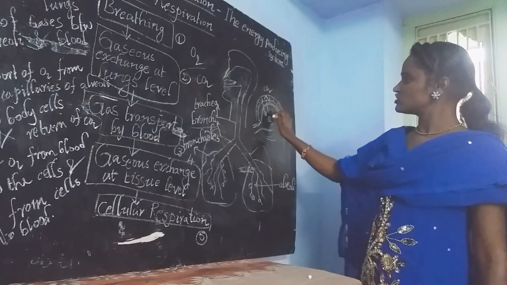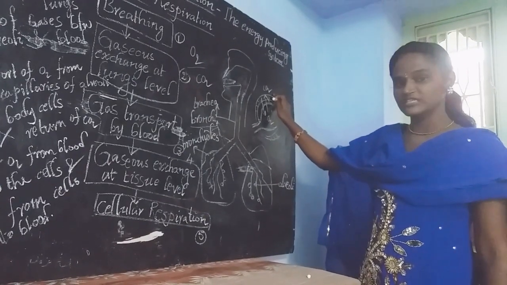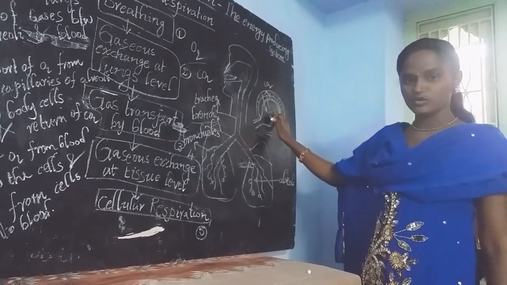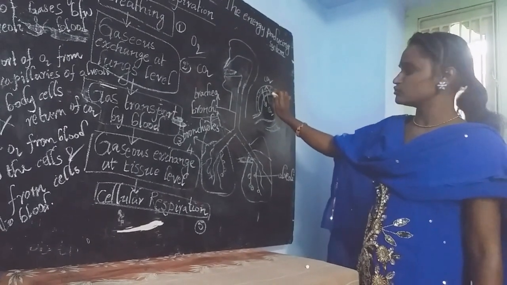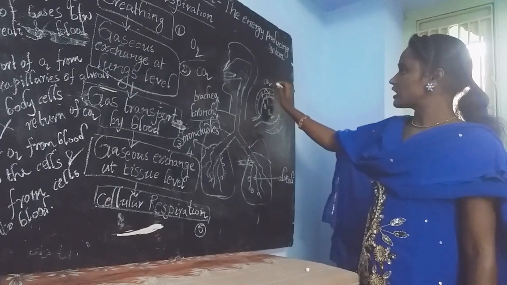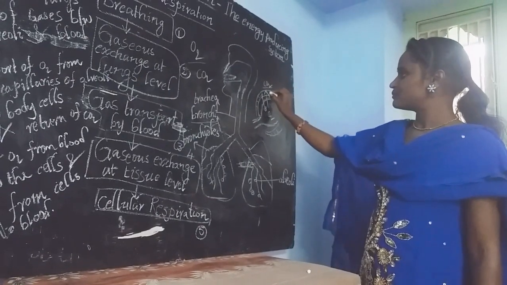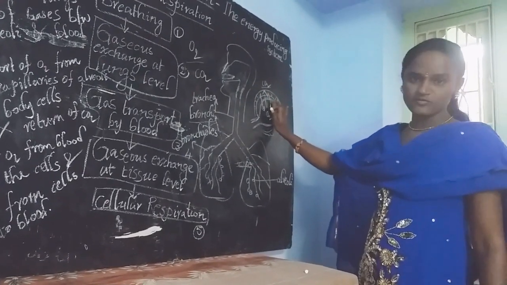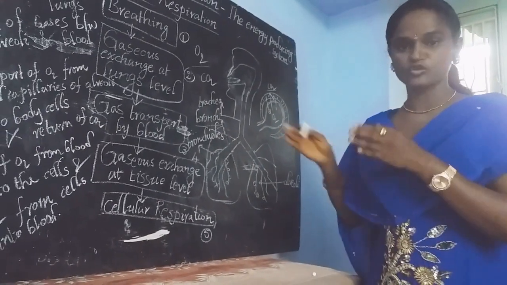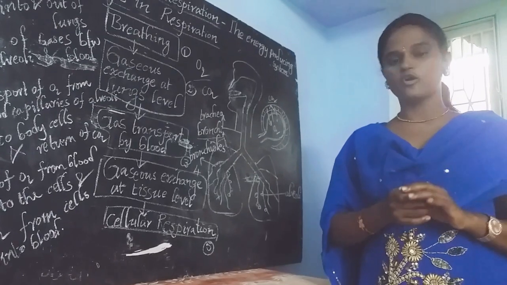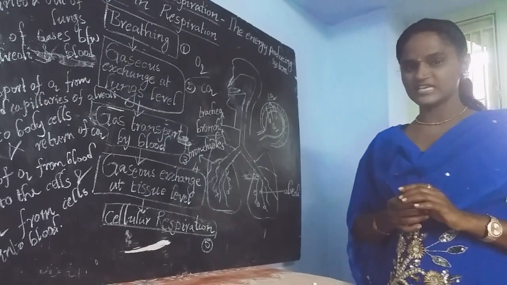Here, gaseous exchange takes place between the blood capillary and the alveoli. Later, this oxygen enters into the blood capillary and the carbon dioxide present in the blood capillary enters into the alveoli. Now, whenever the gaseous exchange takes place, the blood is rich in oxygen. I think you understand.